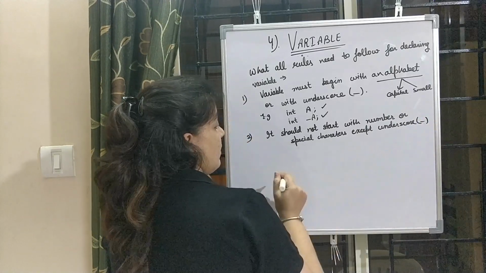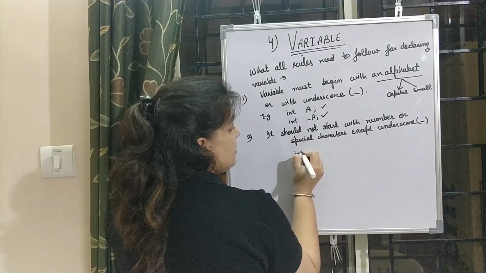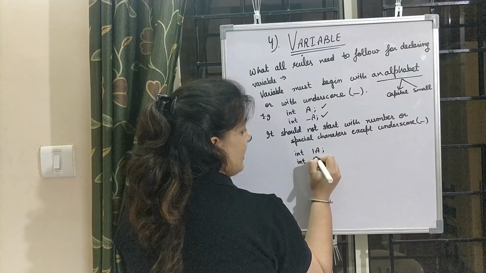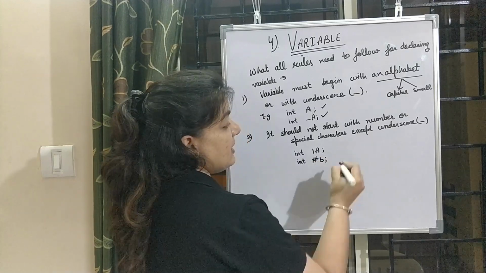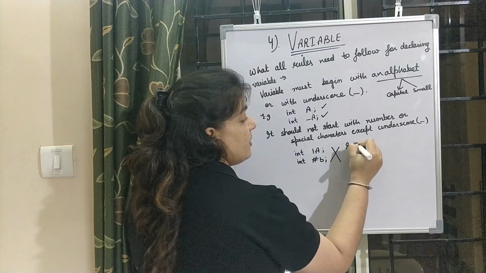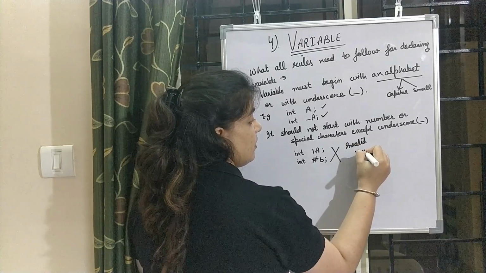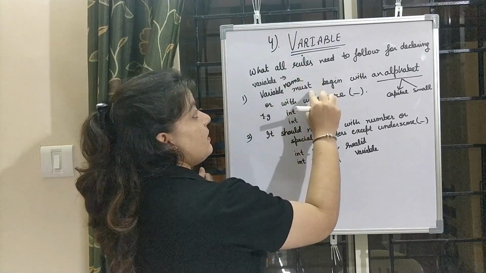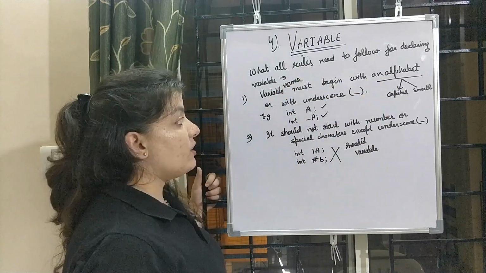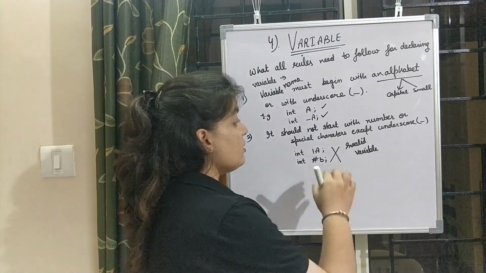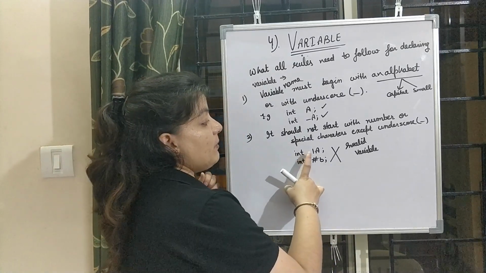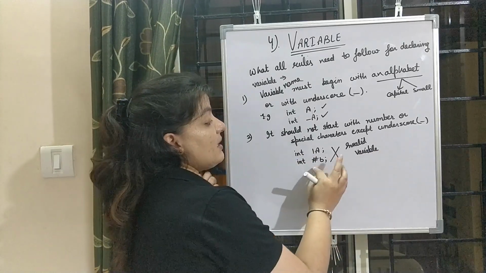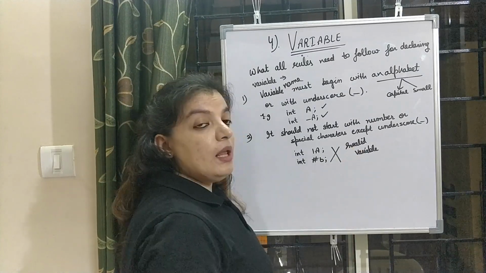So if in our program I have written int 1a or int hashtag b, these are known as invalid variable declarations. Why? Because the variable name must begin with an alphabet or with an underscore. So if we create a variable with a number or any other character except underscore, it is an invalid variable declaration.